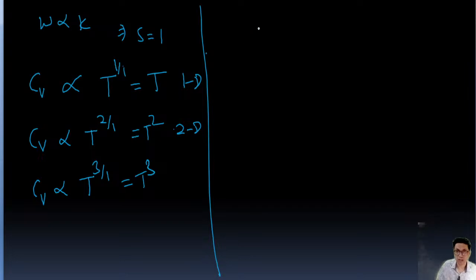If omega is proportional to K to the power 2, here S is 2.